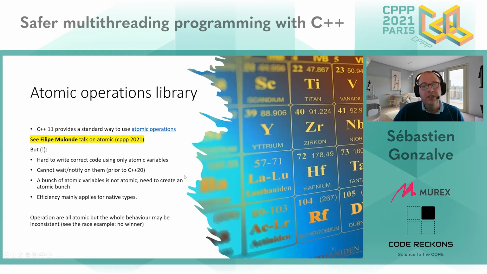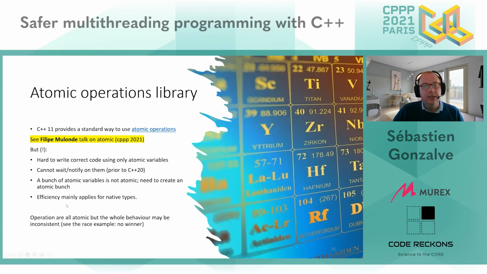So if you needed such tools, it was just not possible using standard C++. It is important to understand that a bunch of atomic variables is not atomic itself. If you just put together many atomics, they don't behave all together as one atomic, and this is usually the source of many bugs.